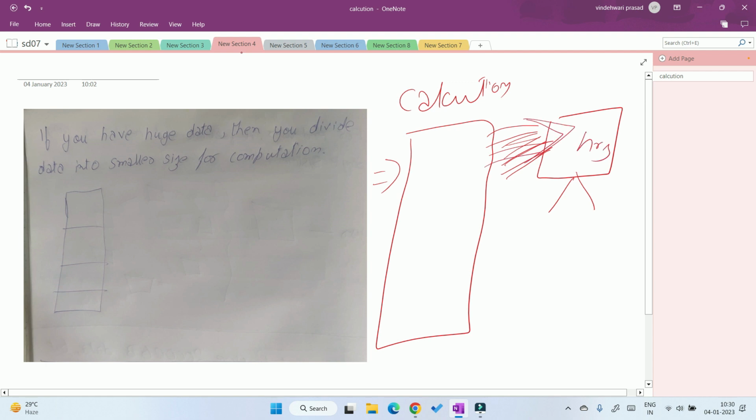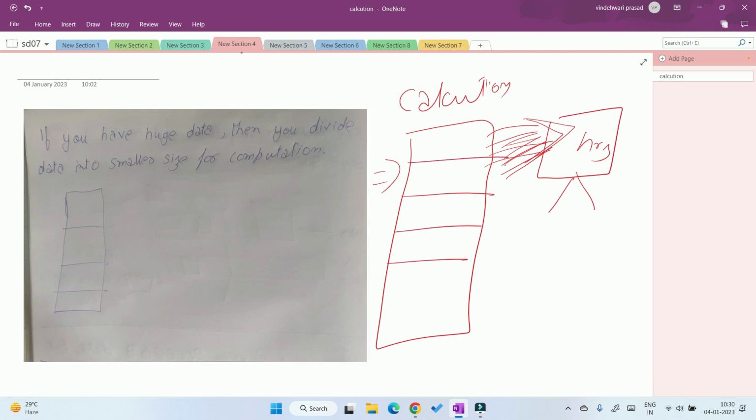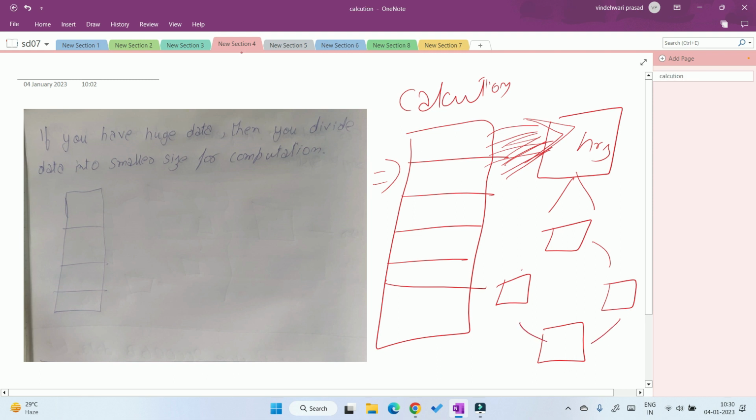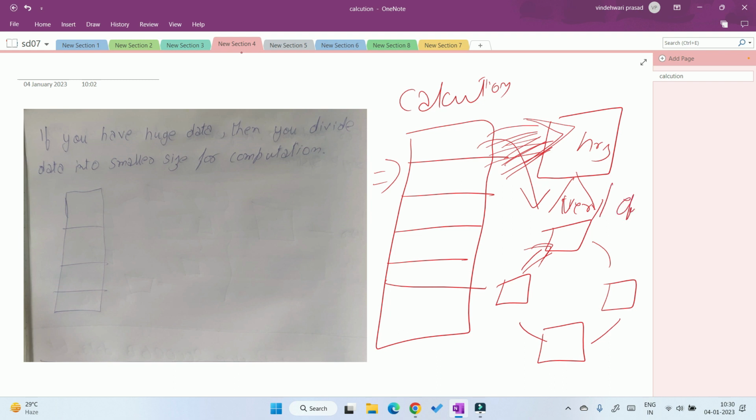But suppose we divide this data into smaller chunks and give one chunk to each of the machines connected in a distributed network. So you can do this work in very little time and effectively.